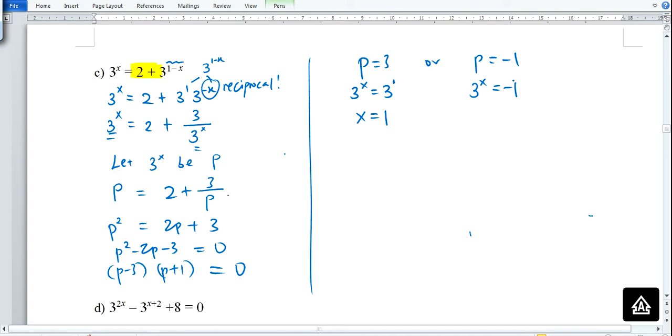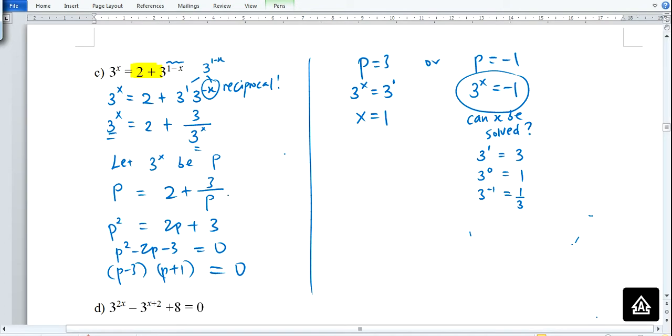But right here, can x be solved? If I let x be 1, I will get 3 power 0, I'll get 1. 3 power negative 1, is it negative? No, it's 1 over 3.